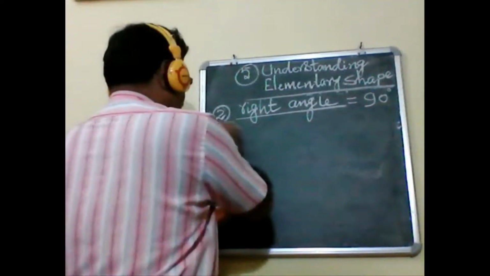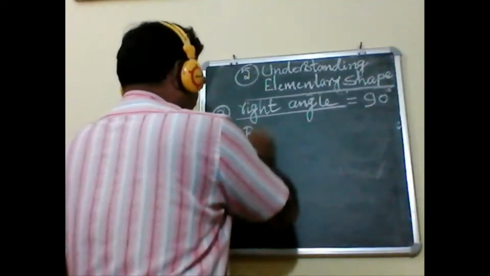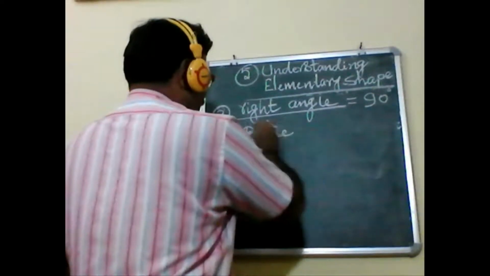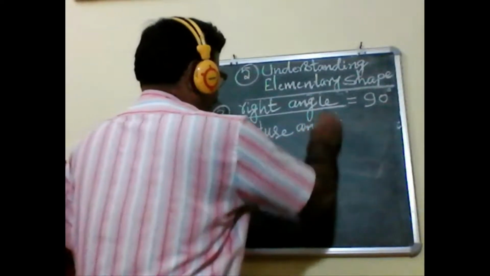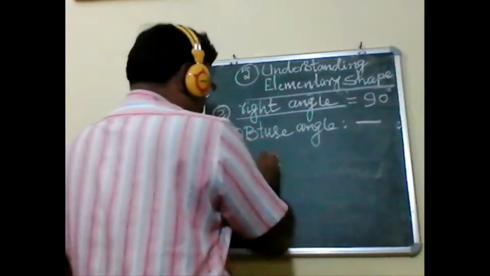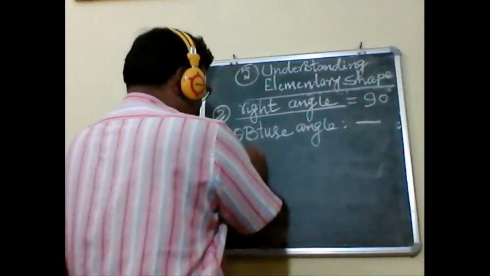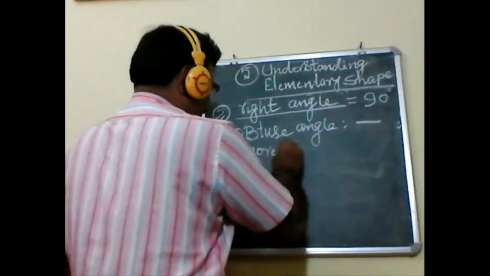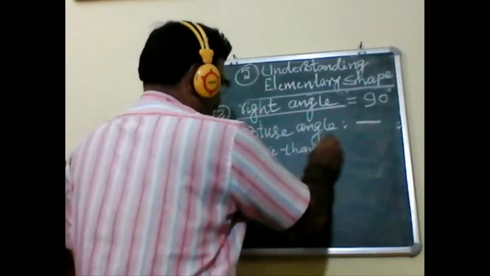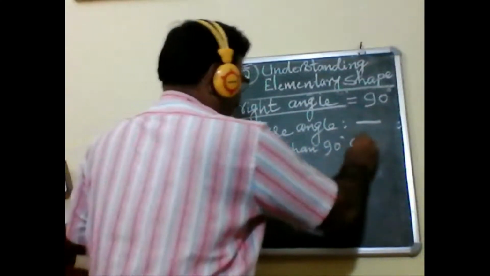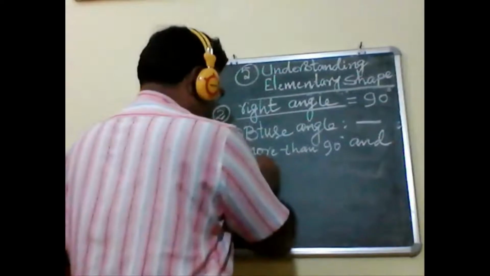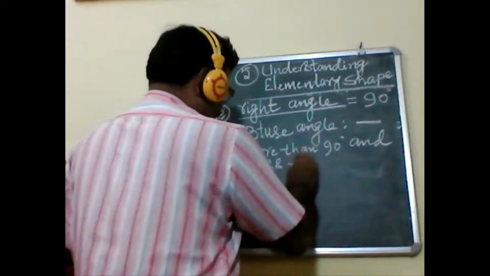And the third one is the obtuse angle. Its value is more than 90 and less than 180 degrees.